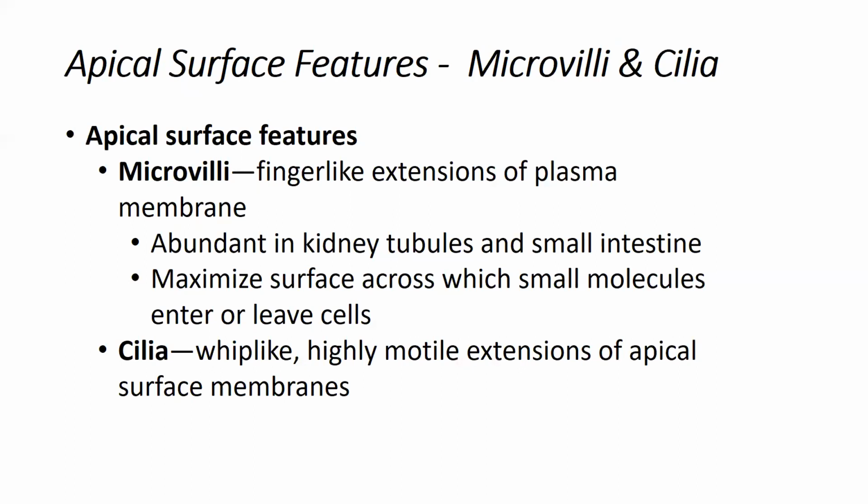And so the microvilli do not move, and they're not as tall and as wispy as cilia. The cilia are motile, and their job is to sweep or propel mucus in the case of the respiratory tract, and the ovum in the case of the uterine tubes along the surface of the epithelium.